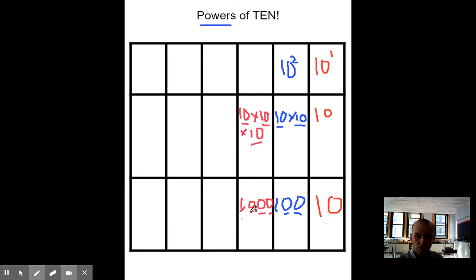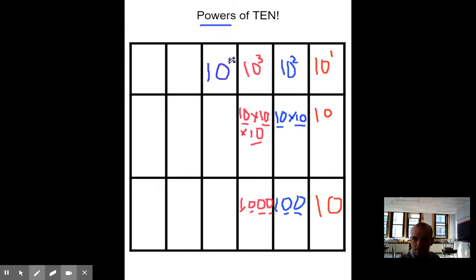Three tens multiplied are three zeros. So then the lazy mathematician could call that 10 to the third power. Because 10 to the third power is 10 times 10 times 10. 10 to the third power is 1,000. It's three zeros. So 1,000 has three zeros, 10 times 10 times 10 has three tens, 10 to the third has three tens. So copy that in.